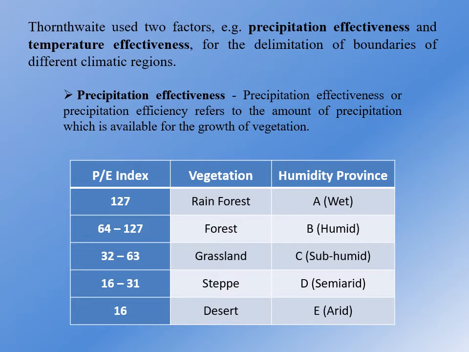Now the precipitation evaporation index was utilized by Thornthwaite to produce different humidity provinces, and these humidity provinces are the first order divisions of the Thornthwaite classification scheme.